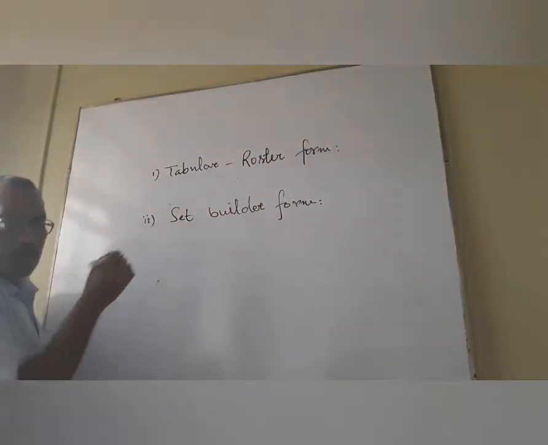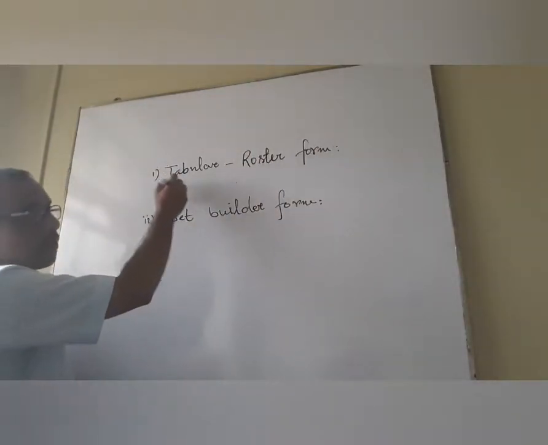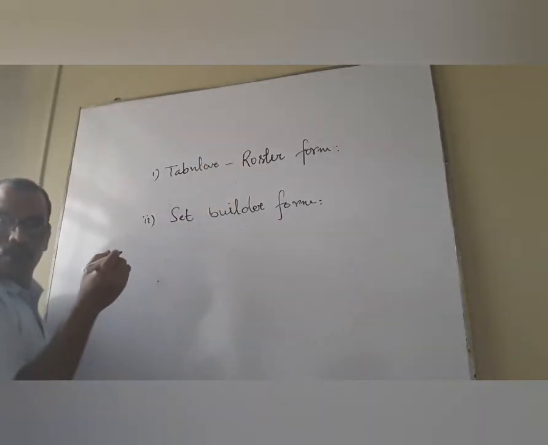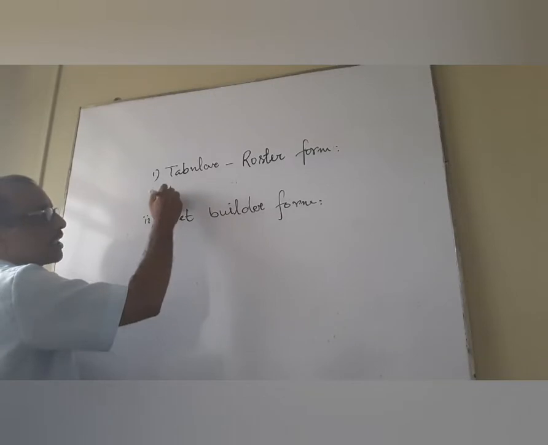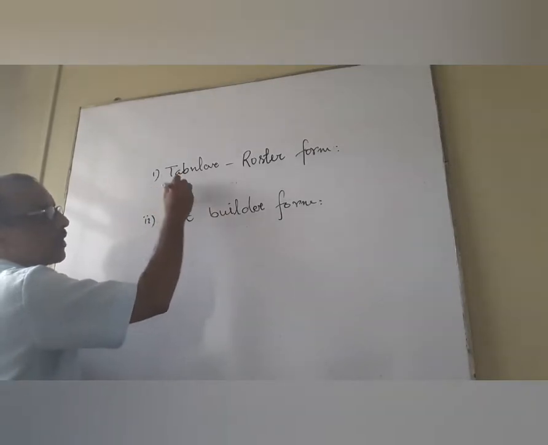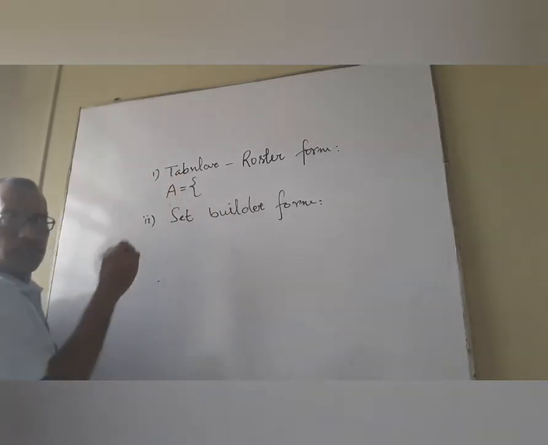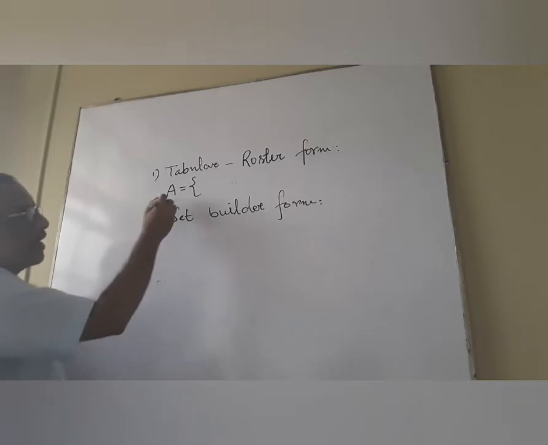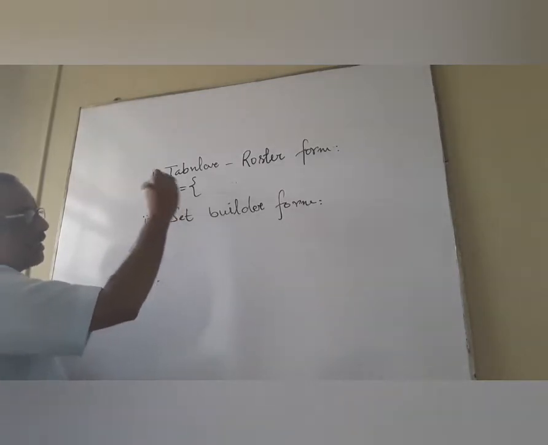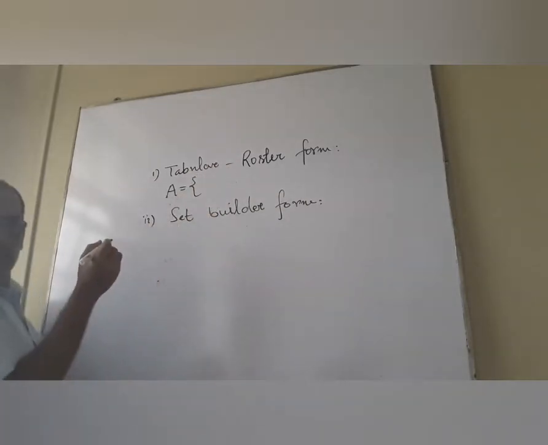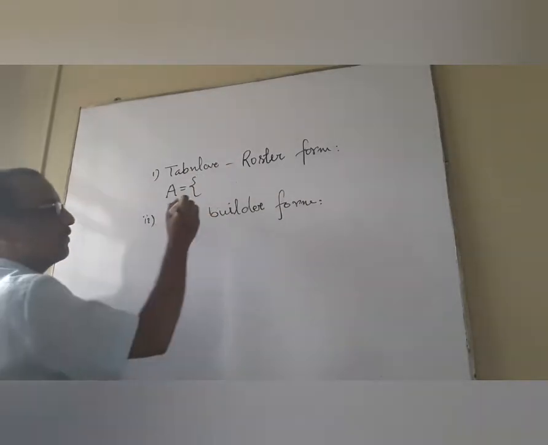In tabular form, we list all the elements. For example, we want to write the set of vowels by capital A. Set A is the vowels in the English alphabet.